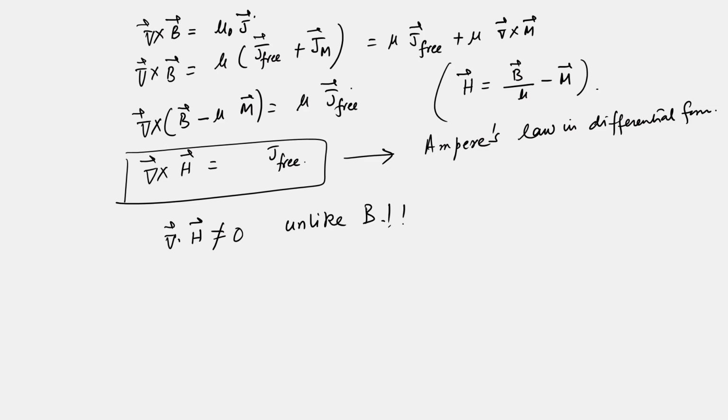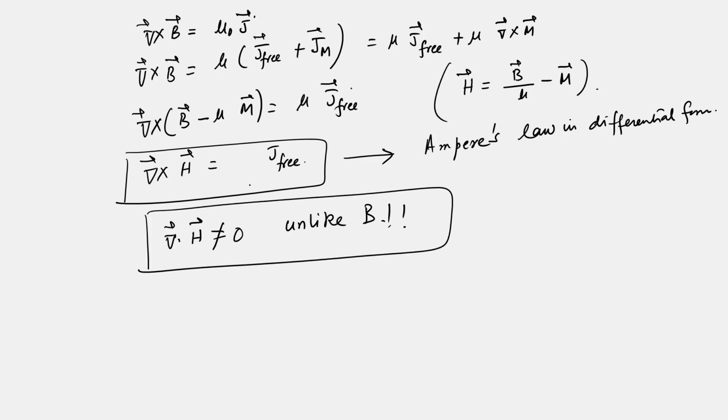Okay. So, this is a tricky point that one needs to keep in mind: this Ampere's law is fine, but if you are given j free, you will not be able to calculate H just by integrating this equation, because divergence of H is not equal to 0.